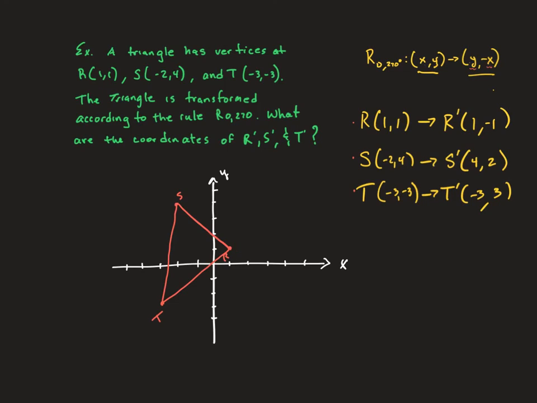R prime, right? Let's look for R prime. R prime is going to be graphed at 1, -1. S prime is going to be 4, 2, so 1, 2, 3, 4, 1, 2. And then T prime is going to be 3, -3, 1, 2, 3, something like that.